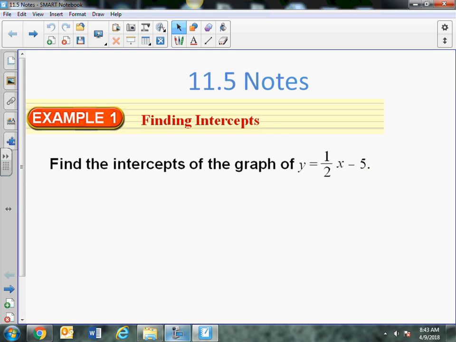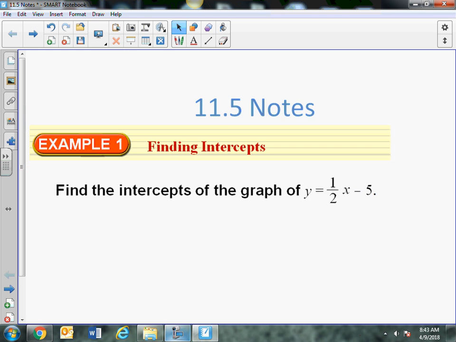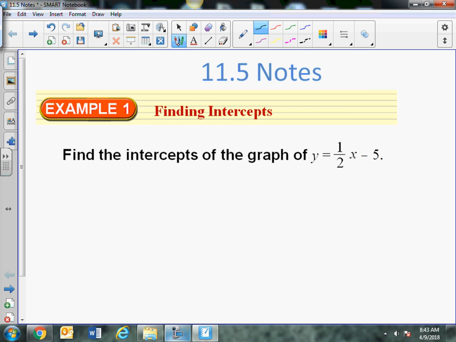First off, on this one here, it says find the intercepts of the graph. What an intercept is, essentially, is where a linear graph intercepts the x-axis.